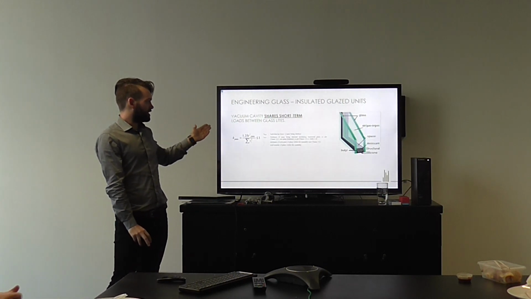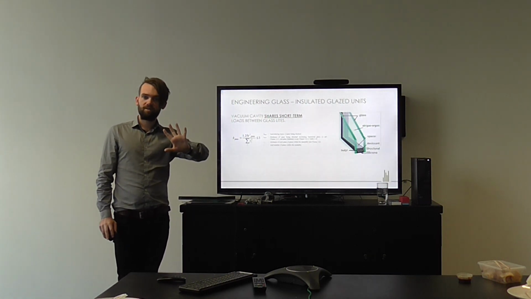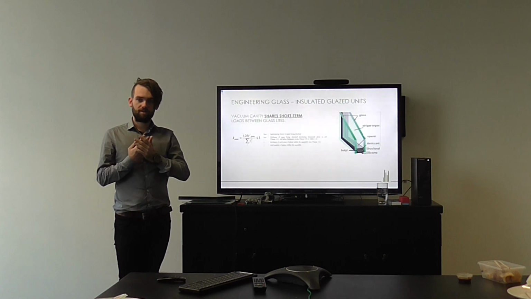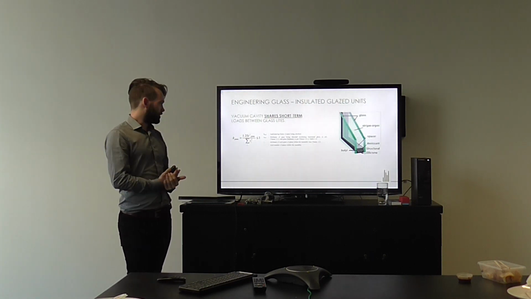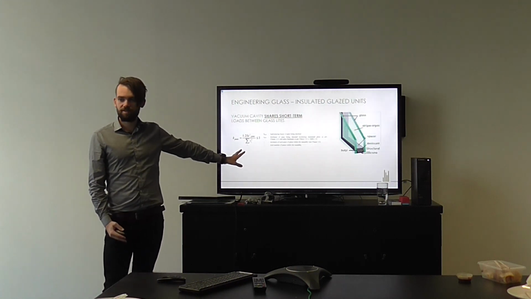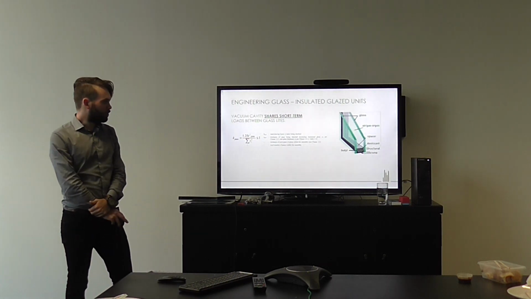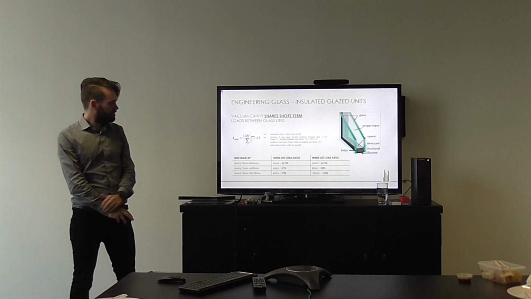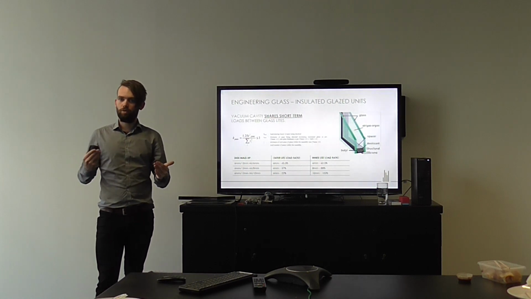Essentially, what this does is it allows, when wind pressure blows on one light of the glass, the load to be transferred and shared between the two pieces of glass. So it works in an interesting way. I don't need to get too far into this, but this is the equation that's in the glass standard for this load sharing. But what you'll interestingly note from it, if we look at this table down below here, is how this ratio works.